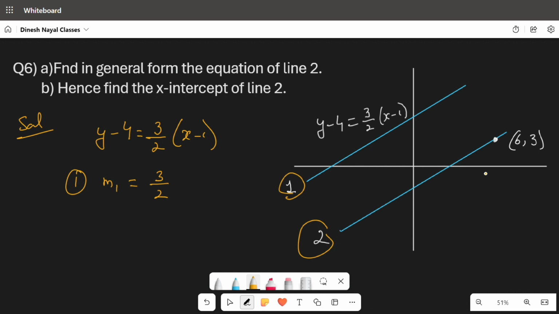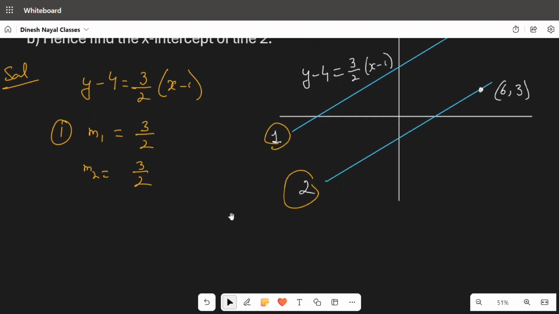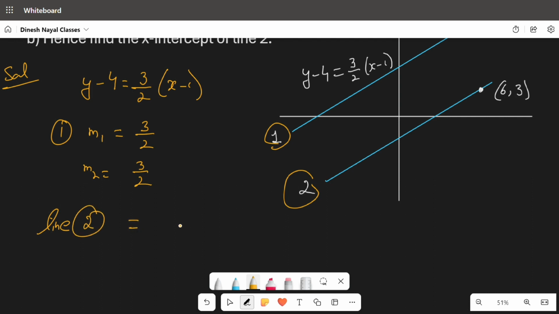So this will also have the same slope. So m2 will also be 3 by 2. Now you have to find the equation of line 2, and that too in general form. Okay. So for line 2, we have the slope m 3 by 2, and it is passing through point 6 comma 3.